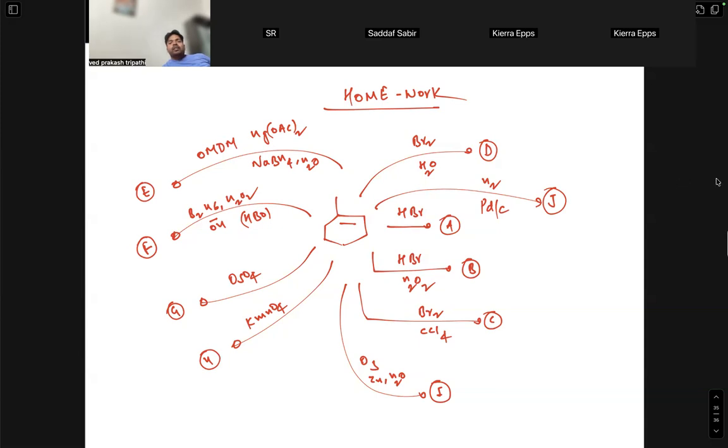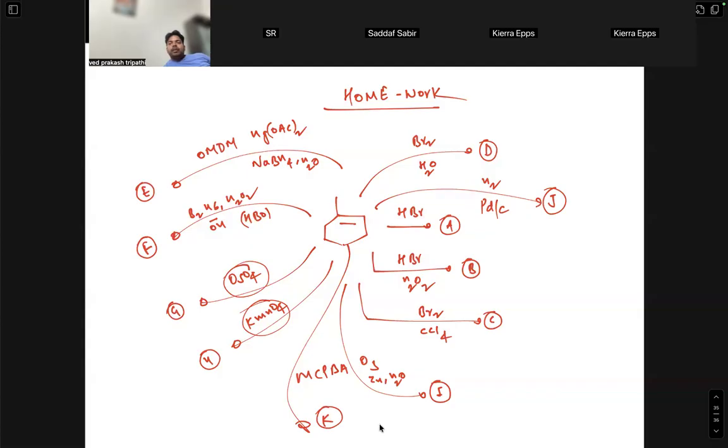Yes, cold or heat. This is a syn dihydroxylation. Both. Oh, I missed one. MCPBA, K. Clear?